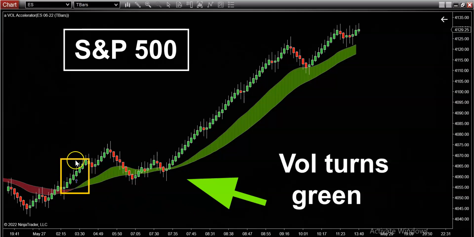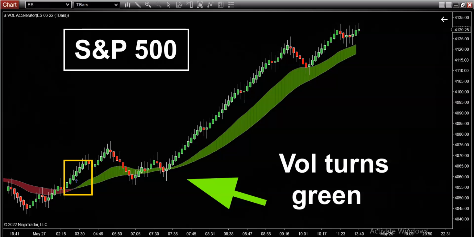You don't know for sure that it's going to rip like it did today for a monster trend, but it does tell you that at this exact moment in time, you should be alert. You should be looking for opportunities. You should be scanning for setups. You should be looking for low risk, high probability areas in the market where you can really take advantage of a trend. That's the name of the game, folks.